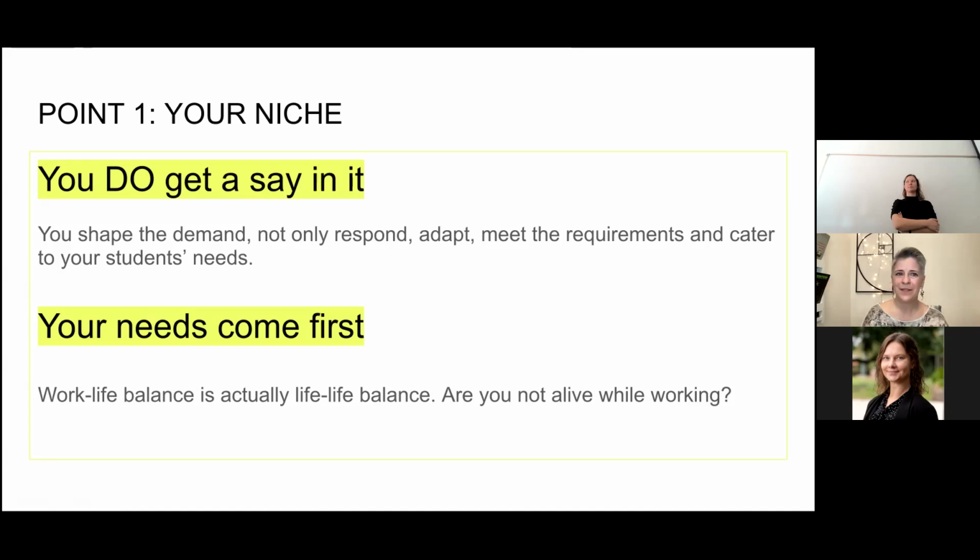Because the thing that bothers me all the time is people speaking about work-life balance. So this whole idea sounds wrong to me because, well, it is life-life balance. I'm not a robot. I'm not dead when I'm working. And this activity takes up quite some time.